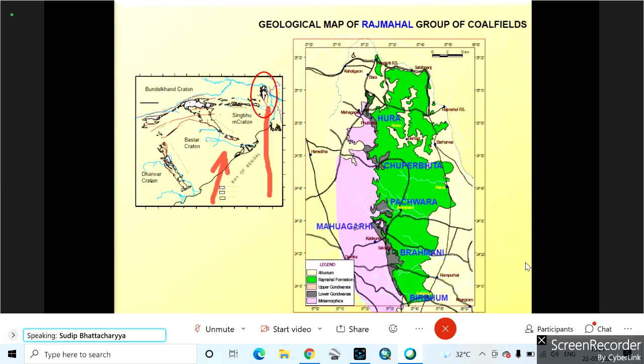If it is overridden, then the fracture system comes like that, and along it the Rajmahal basalts have come out. Within this, the fracture system prevailed as a north-south or north-northeast, south-southwest fracture system.